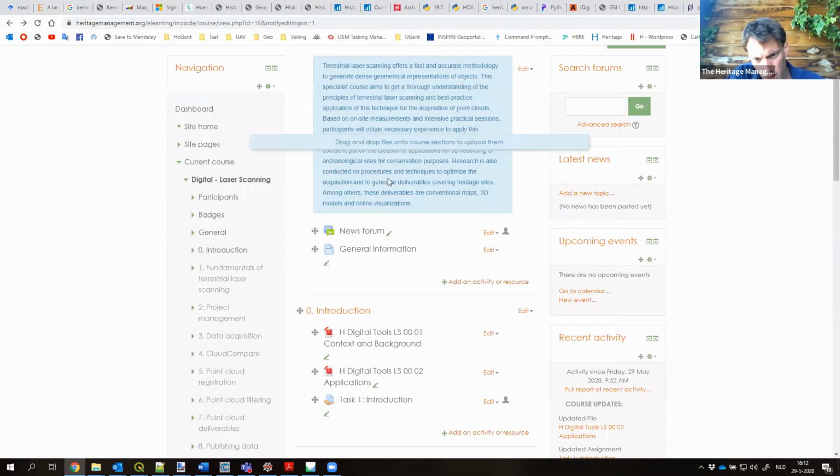Given the fact that you might or might not have a laser scanner, or you might not be able to work on your own laser scanning point clouds, we will pretend that the data that you acquired in the previous session, that is your own data, was acquired using a laser scanner. So you had your photos.